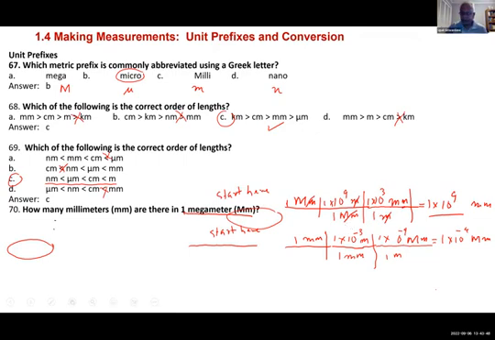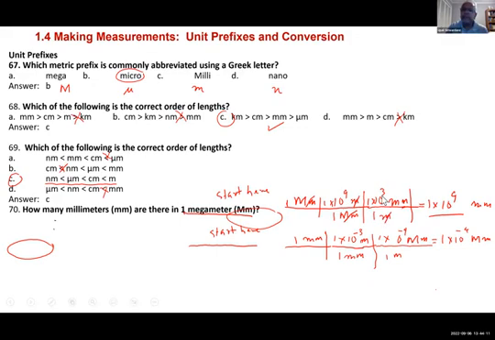This is the factor-label method. Once you remember 1 megameter is 10 to the 9 meters, we convert megameter to meter here. Then at the bottom, we convert meters to millimeter.